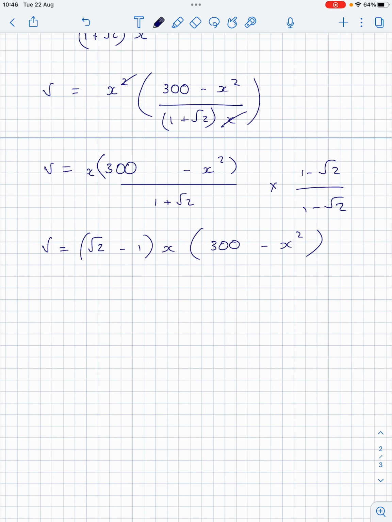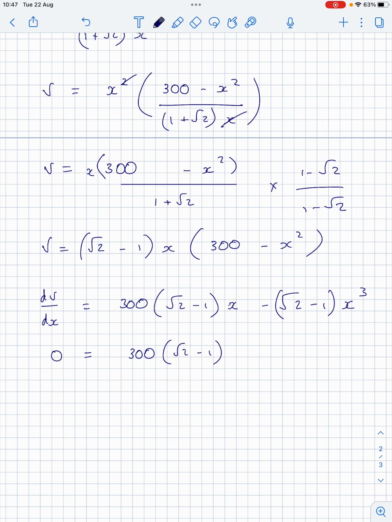And so I can't differentiate it straight away because it's a product. So if we multiply it out, we get 300, that's third, and then minus that. Then when we differentiate it, the x is going to cancel, so I just get this constant, equals 0, and then minus 3 lots of that third x squared.